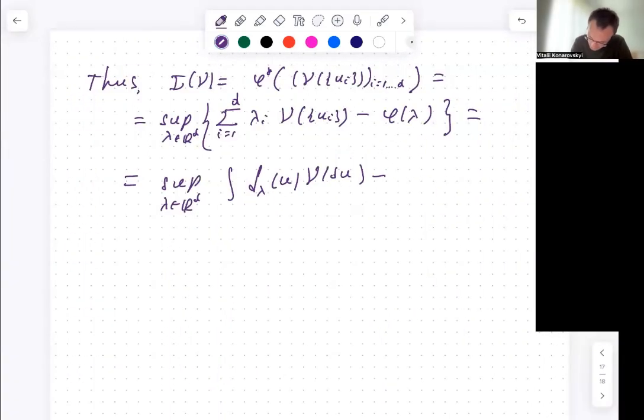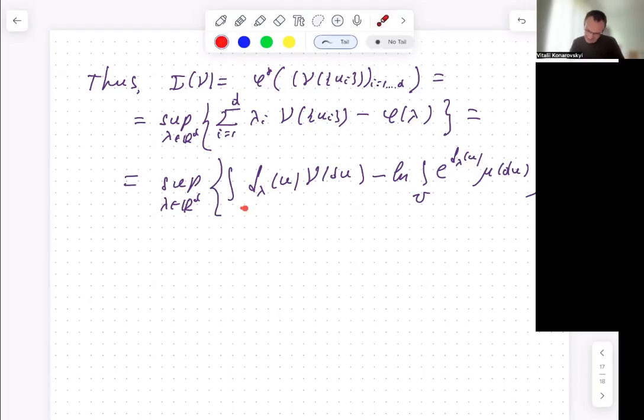It is the logarithm of the integral over U of e to the f_lambda of u, mu du. And then let's consider what it is here. It is the integral of f with respect to nu, and then minus the logarithm of the integral of the exponent with respect to mu.